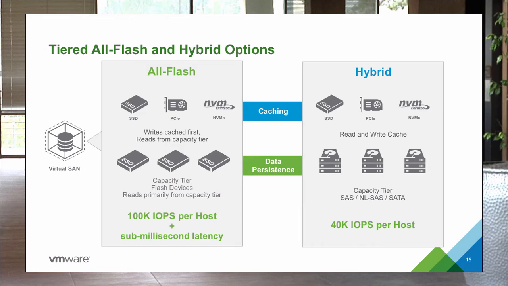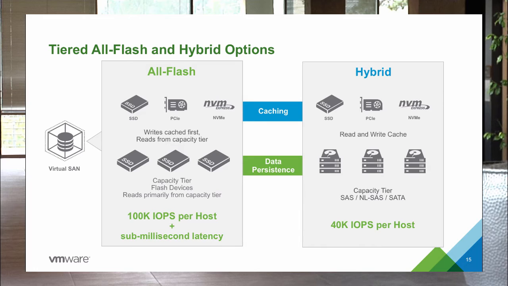In all flash, the flash-based caching tier is intelligently used as a write buffer only, while another set of SSDs forms the persistence tier to store the data, which is going to be very similar to the hybrid.